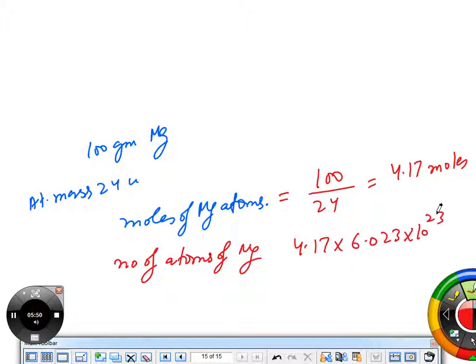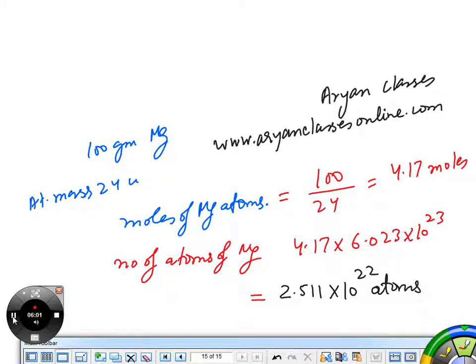So this is the number of atoms of magnesium. This is the number of atoms, और अगर molecule है तो molecules और ions है तो ions, right? So this is how you are going to calculate. So this is 2.511 into 10^24 atoms of magnesium, right?